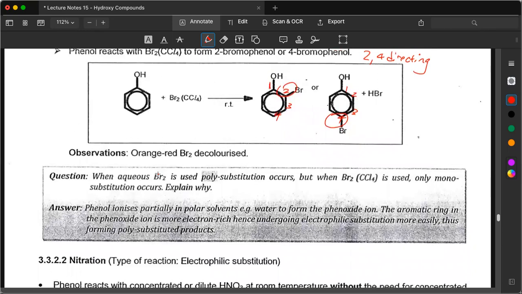This is because phenol ionizes partially in polar solvent. With aqueous bromine added, there's water, so it will form phenoxide ion in water.